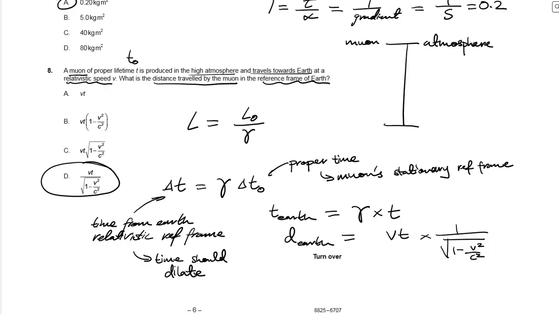And then we have Earth. And this length from the atmosphere to Earth, from Earth, is set, right? It's stationary, it's the proper length.